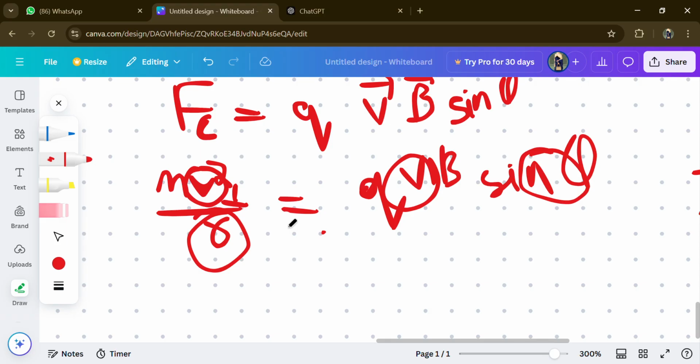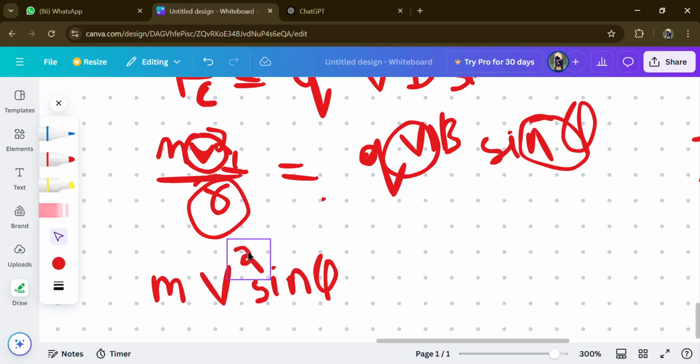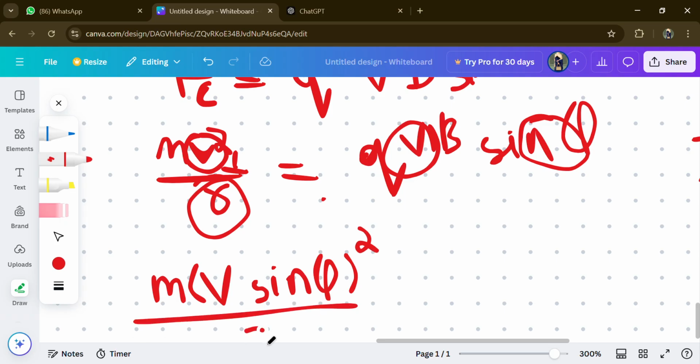And we all know whenever anything is perpendicular to the magnetic field, it creates 90 degrees, which gives us the sine theta. So I could write here m times v sine theta, the whole value squared. There are two velocities that are working right now, over QVB sine theta.